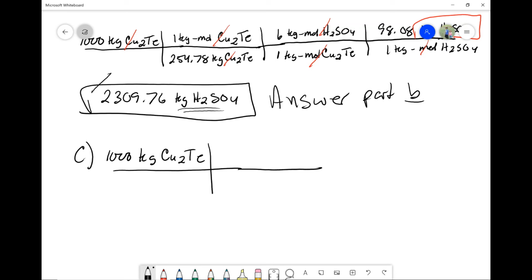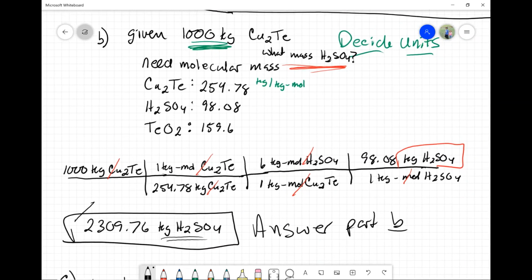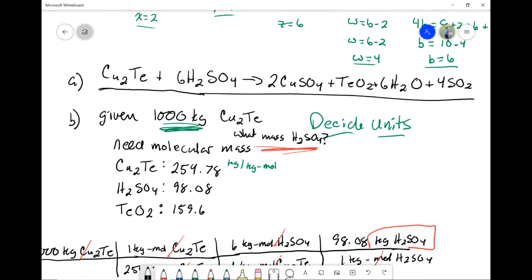And again, the molecular mass, 1 kilogram mole is 254.78 kilograms of copper telluride. And we have a ratio, I believe it's 1:1, but let's go back and look. So it's a 1:1 ratio.